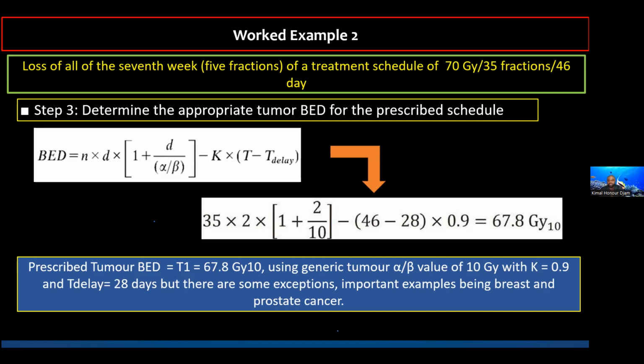Or if we choose to give extra fractions, which in turn will extend treatment time, we can either do this by changing the dose per fraction, which can become problematic, especially if we're dealing with sensitive tissues. Now, because of all 3 scenarios that I've given, there is a drop in the prescribed tumor BED.